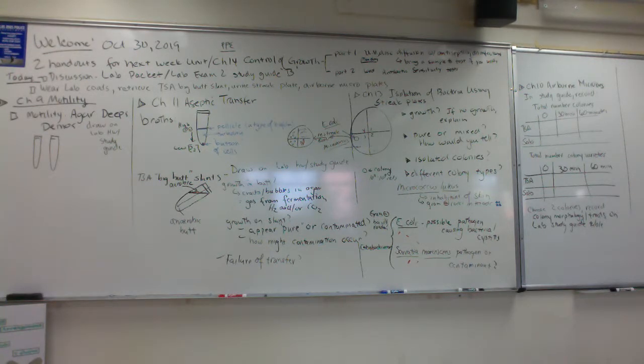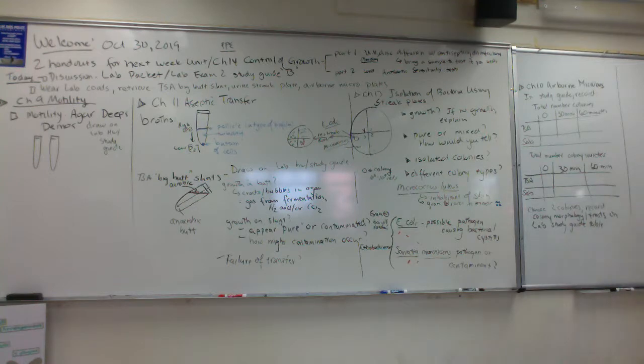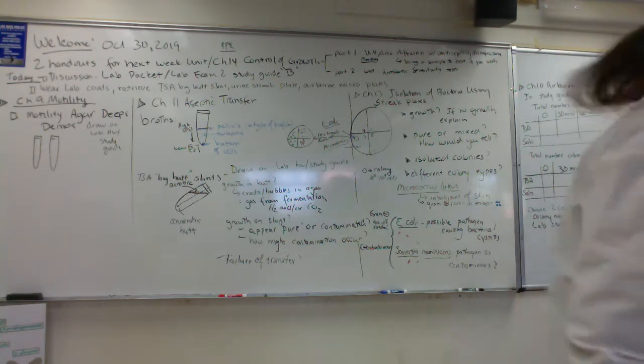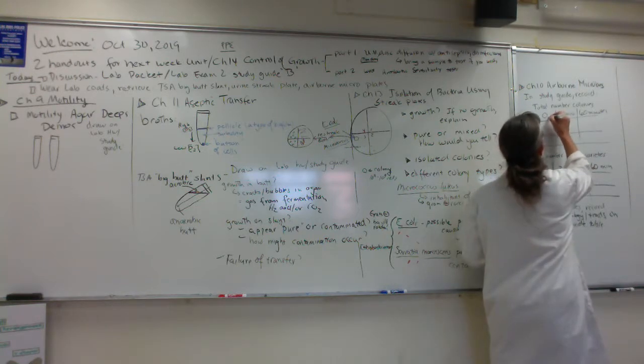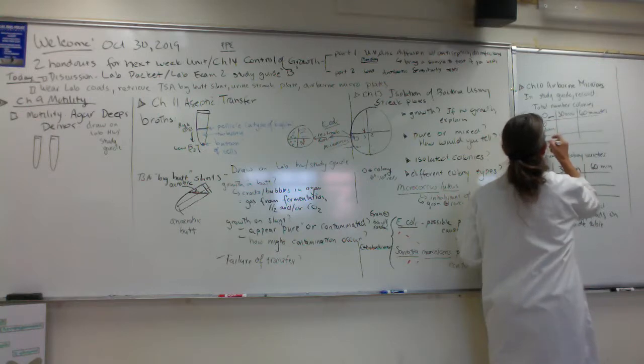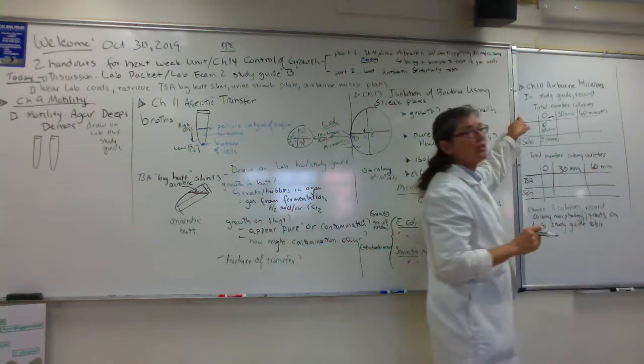Is it looking pretty good? Looking good. No growth, 0 colonies, you guys. So both of our negative controls are looking good. All right, so we're going to put 0 minutes, so 0 colonies, 0 colonies. So this first table, you guys, is for total number of colonies.